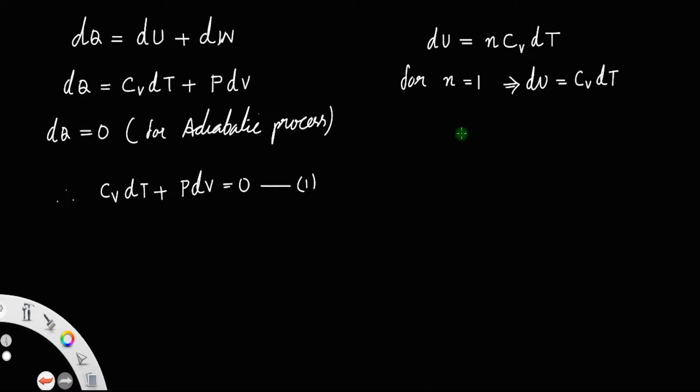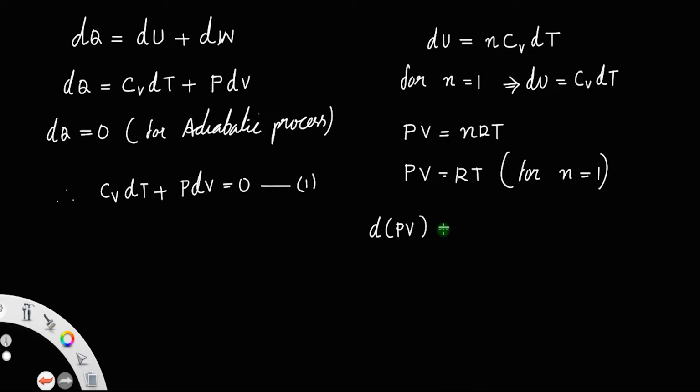And the ideal gas equation is PV equal to nRT, or PV equal to RT for 1 mole of a gas, for n equal to 1. If you differentiate the equation, that is d of PV equals derivative of RT.